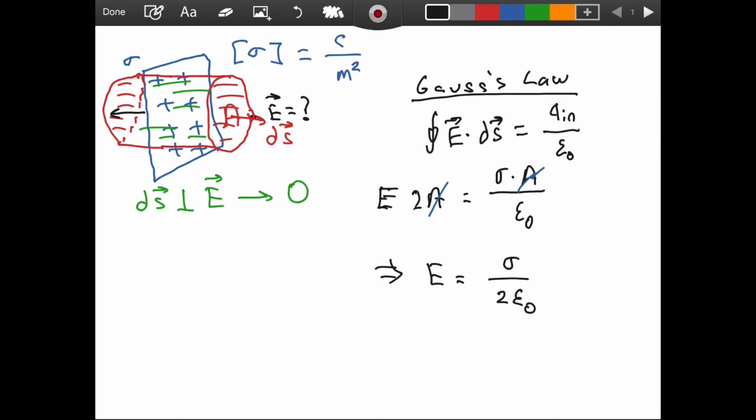Its direction is just pointing away from the sheet of charge. And it is perpendicular to the sheet of charge due to symmetry. This formula will be very helpful when we discuss capacitors in a future video. Capacitors are a circuit element that I will go into more detail on in a future video.